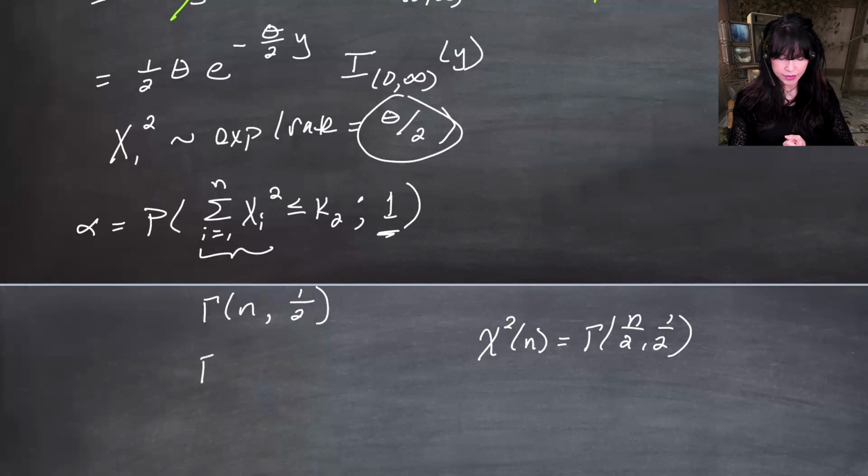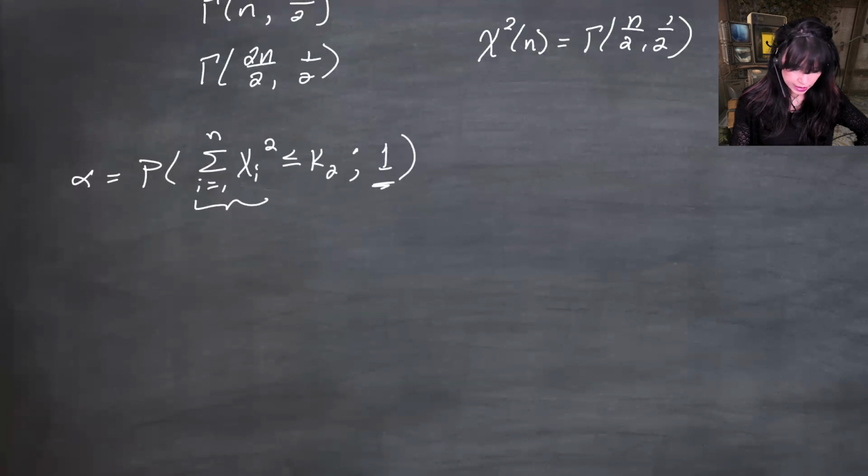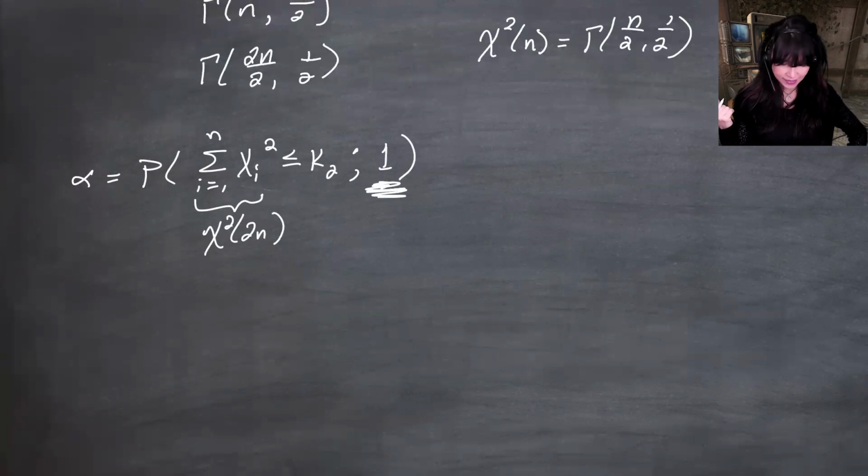So we have a gamma 2n over 2 and 1/2. Usually at this point, we are trying to get that second parameter to be 1/2 by multiplying by stuff. What we have seen is that when the parameter is 1, this is chi-squared 2n without having to adjust to anything.